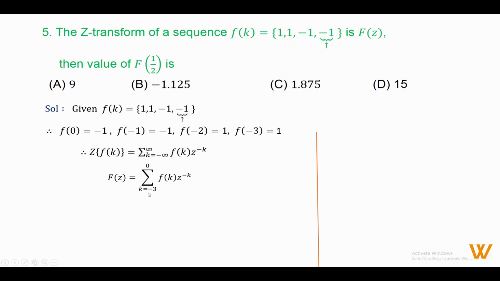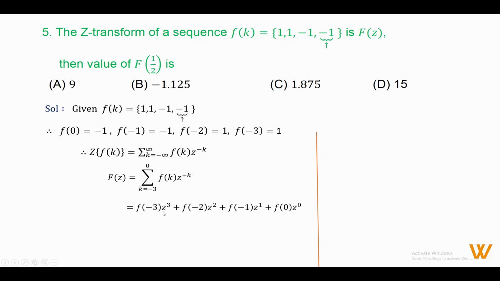Now here put the value of first k is equal to minus 3, so f of minus 3 z raised to plus 3, plus put the value of k is minus 2, so f of minus 2 z square, plus put the value of k is minus 1, so f of minus 1 z raised to plus 1, plus put the value of k is 0, so f of 0 z raised to 0.